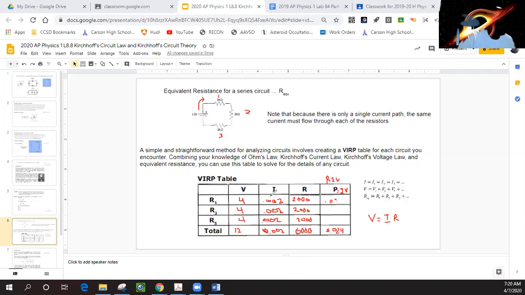Let's be careful here. 4 times 0.002 gives us 0.008 here, 0.008 here, and 0.008 here. And 0.008 plus 0.008 plus 0.008 gives us 0.024. This is how we do an analysis for a series circuit applying Kirchhoff's laws and the VIRP table. So this will end part 1.